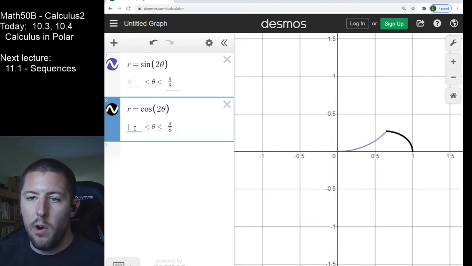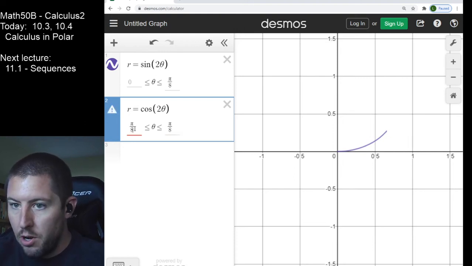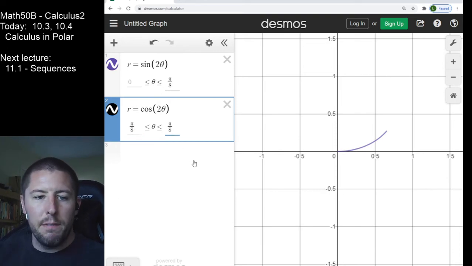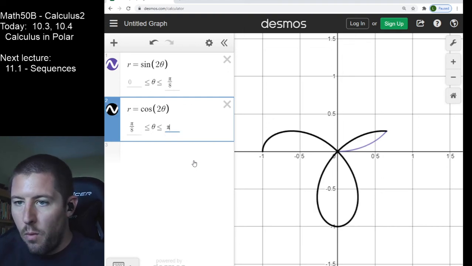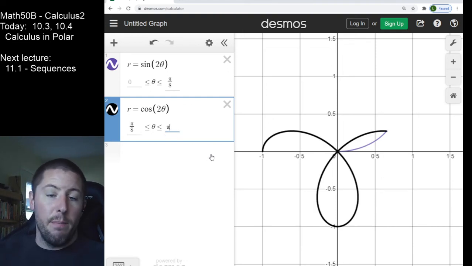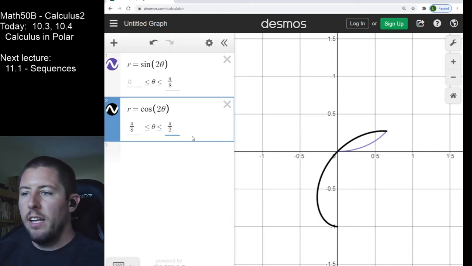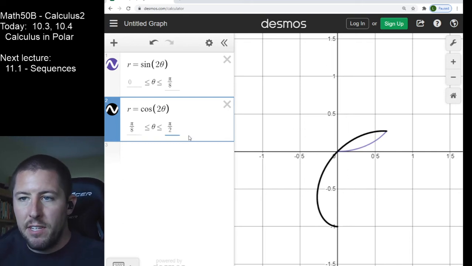So maybe it's more appropriate for me to come over here and do pi eighths, but that means that I've got to keep on flowing from pi eighths. Now, it's not super clear to me what I want right here. Notice, by the way, this good thing: I'm starting at pi eighths and it is starting where I want, but it looks like going all the way to pi is too much. It looks like even going to pi halves is too much.